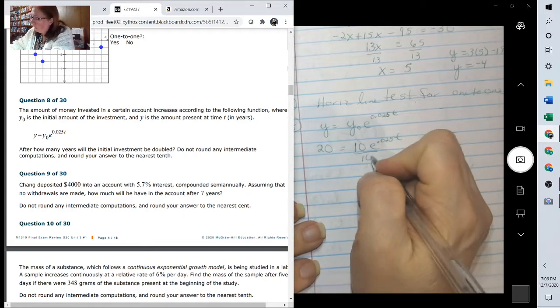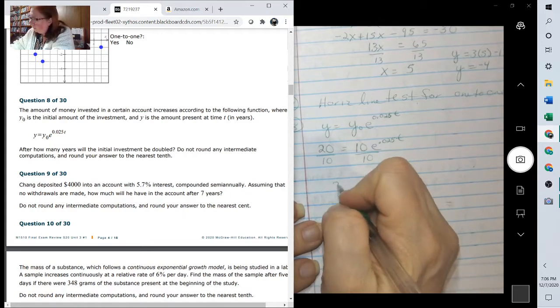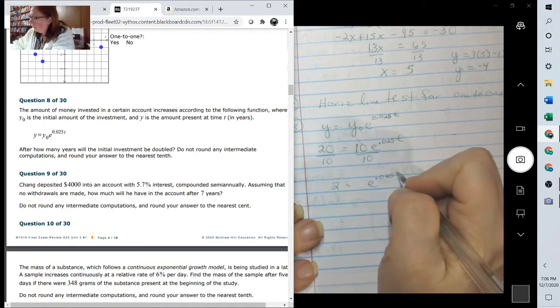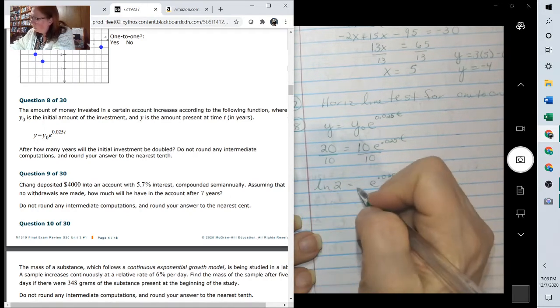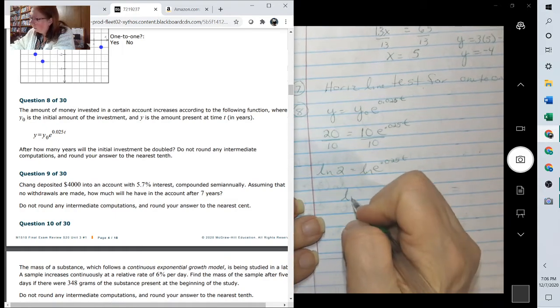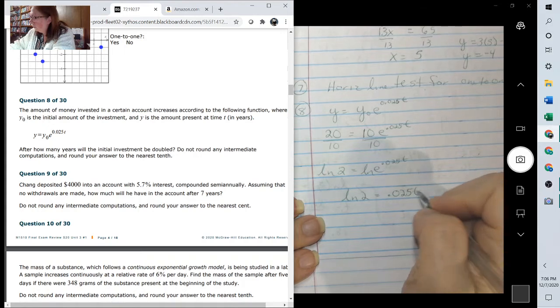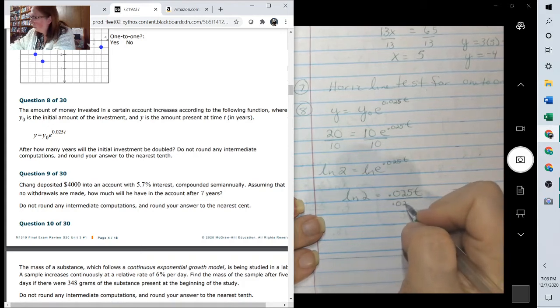Divide by the 10 and get 2 equals e to the 0.025t. Take the natural log to get rid of e. And then divide by the decimal.